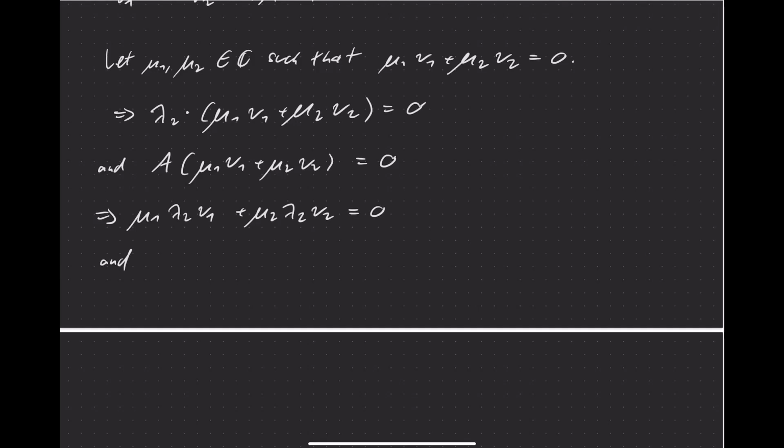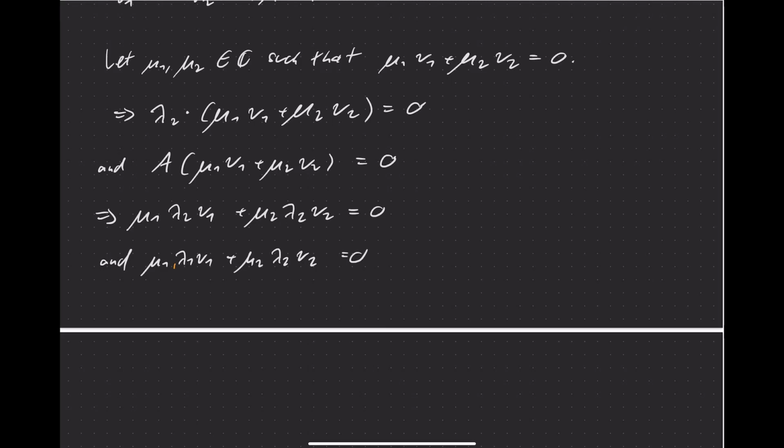And from the second equation, what we get is mu1 A times v1, and A times v1 is lambda 1 v1, plus mu2 A times v2, and that is lambda 2 v2.